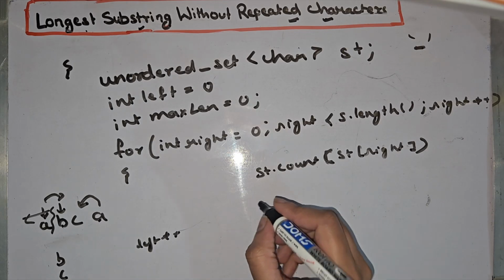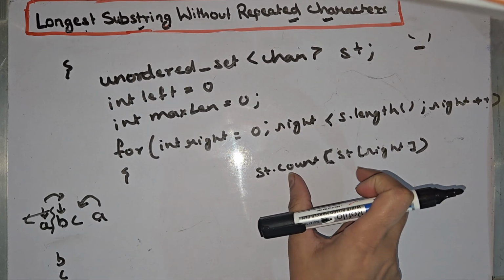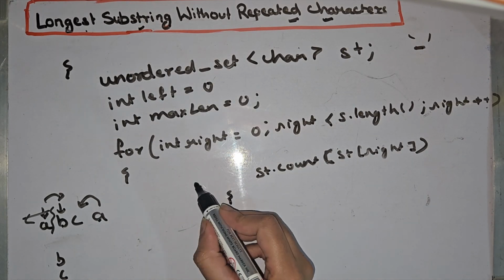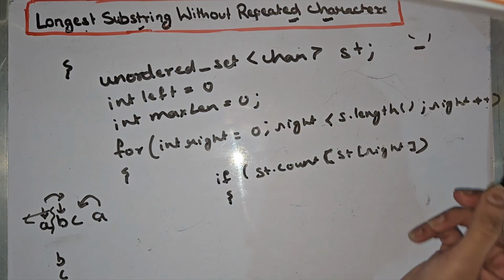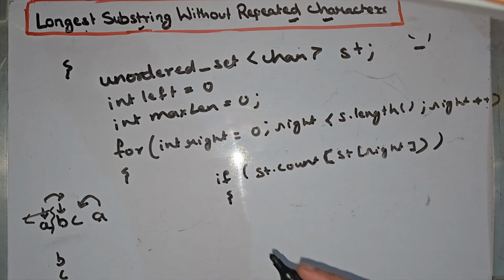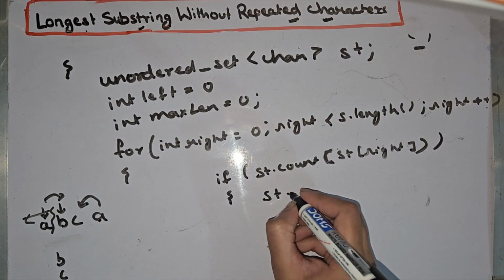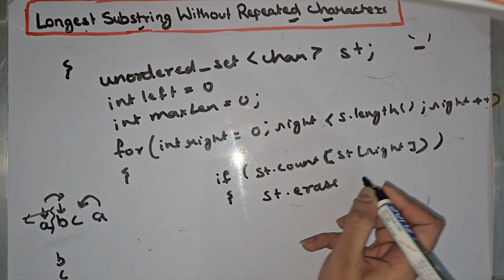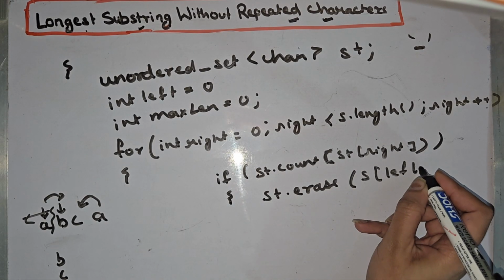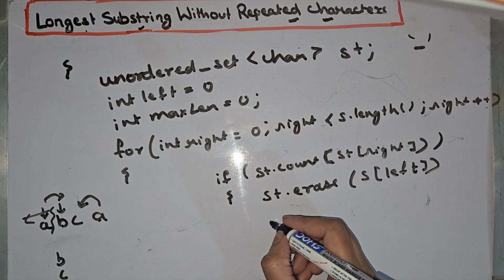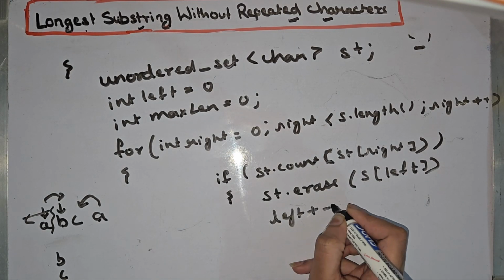So what we will do is, if this is already there, we will do set dot erase the left character and do left plus plus.